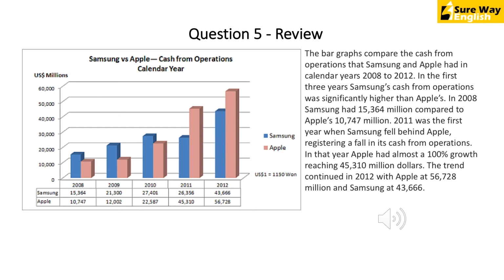Another good thing to notice in the response was the use of words like, in that year, Apple had almost 100% growth, reaching $45,310 million. You could also have said that in 2011, Apple's cash from operations doubled to 45,310. So always use these words which show a comparison, which demonstrate what the trend is.